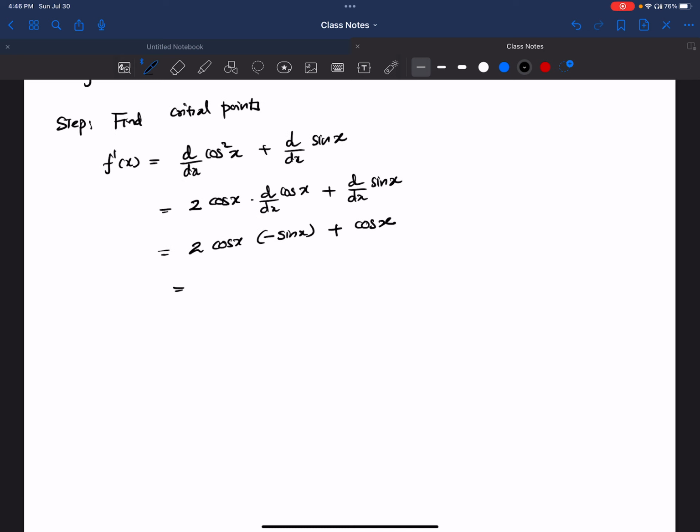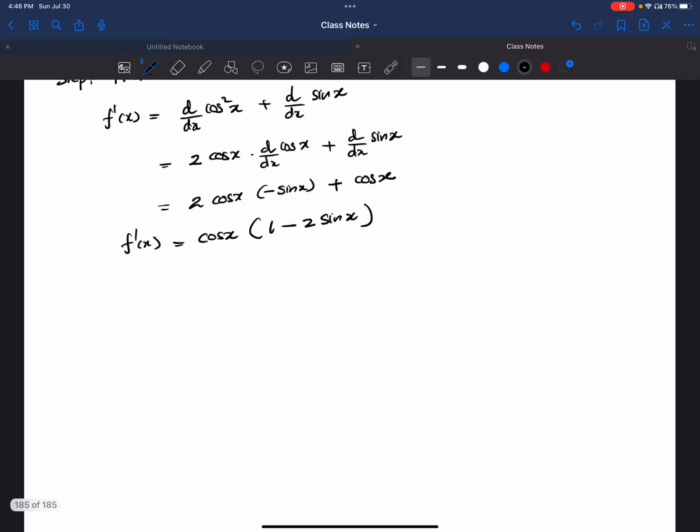So if I take out cosine x, this becomes cosine x times 1 minus 2 sine x. That's f prime of x. So when f prime x is 0, you get cosine x times 1 minus 2 times sine x equals 0.